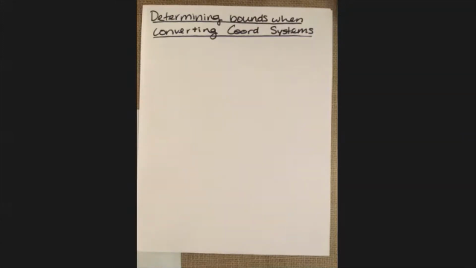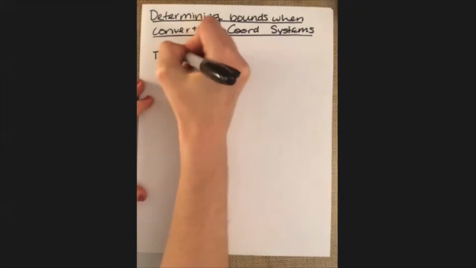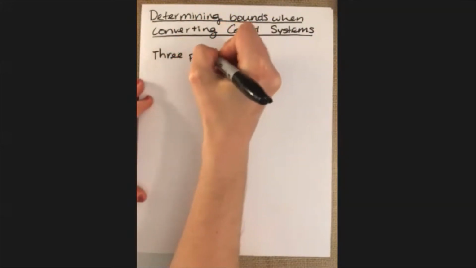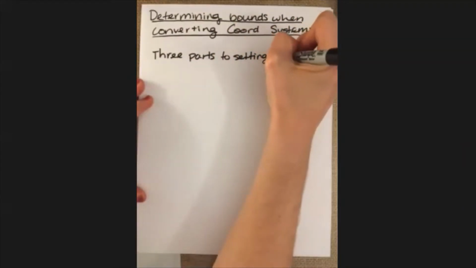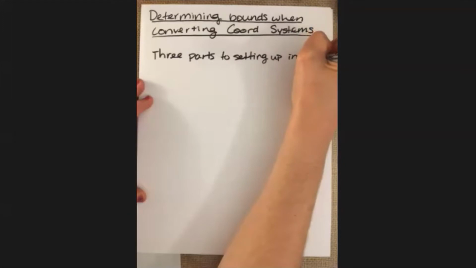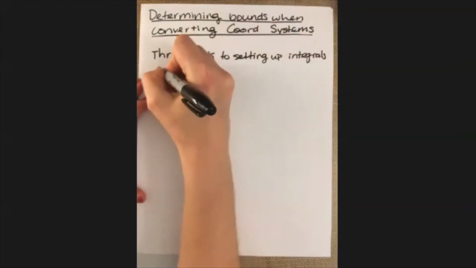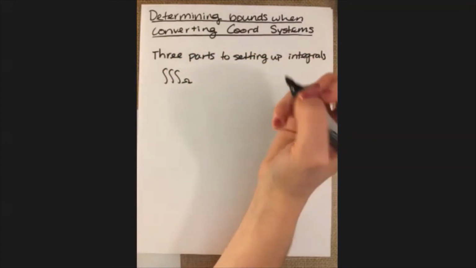Okay, so before we launch into this, I want to explain how this fits into setting up an integral. So when we're looking at an integral and we want to move it to a different coordinate system, there are three parts that we have to consider. So an integral, I'm just going to use a triple integral, for example, but this applies with double and single integrals as well.